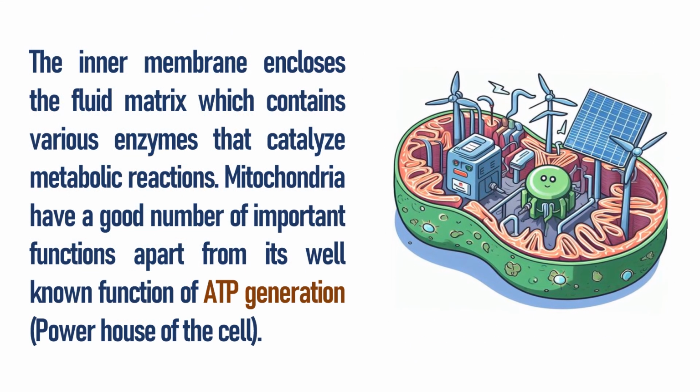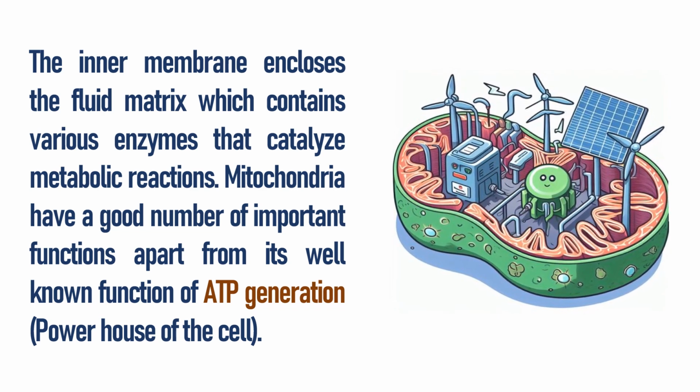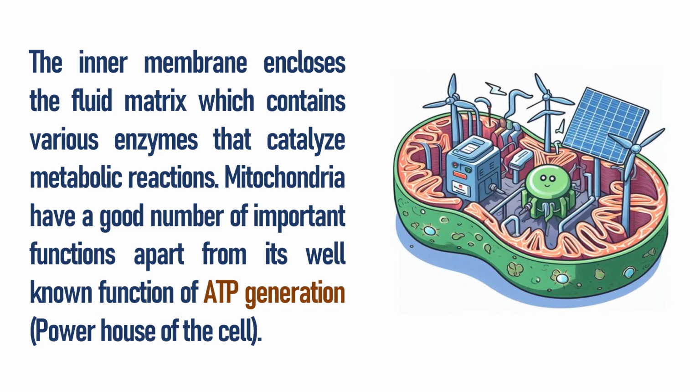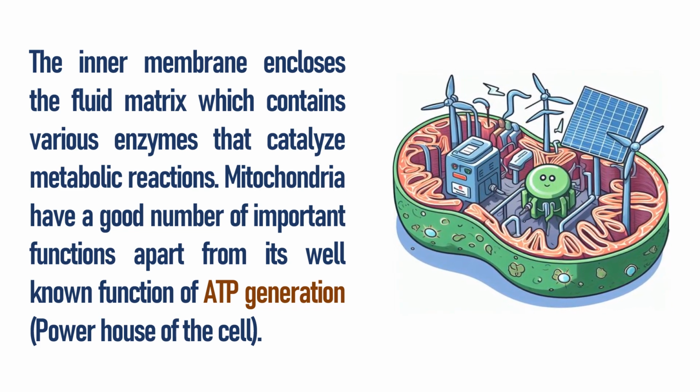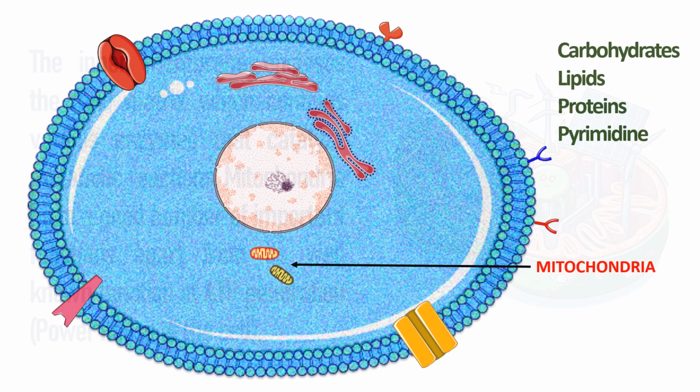The inner membrane encloses the fluid matrix, which contains various enzymes that catalyze metabolic reactions. Mitochondria have a good number of important functions, apart from its well-known function of ATP generation. Mitochondrion is also the organelle where important metabolic reactions related to carbohydrates, lipids, proteins and nucleotides take place.